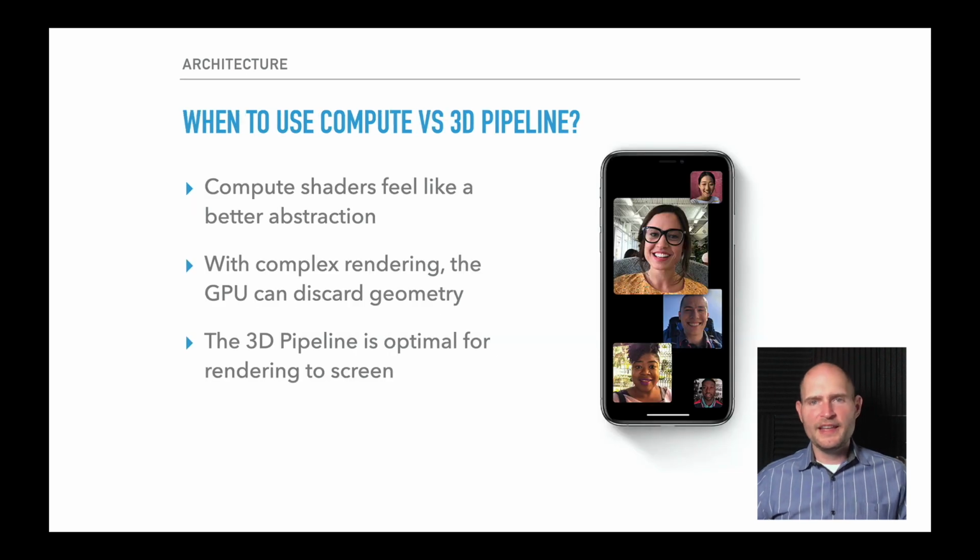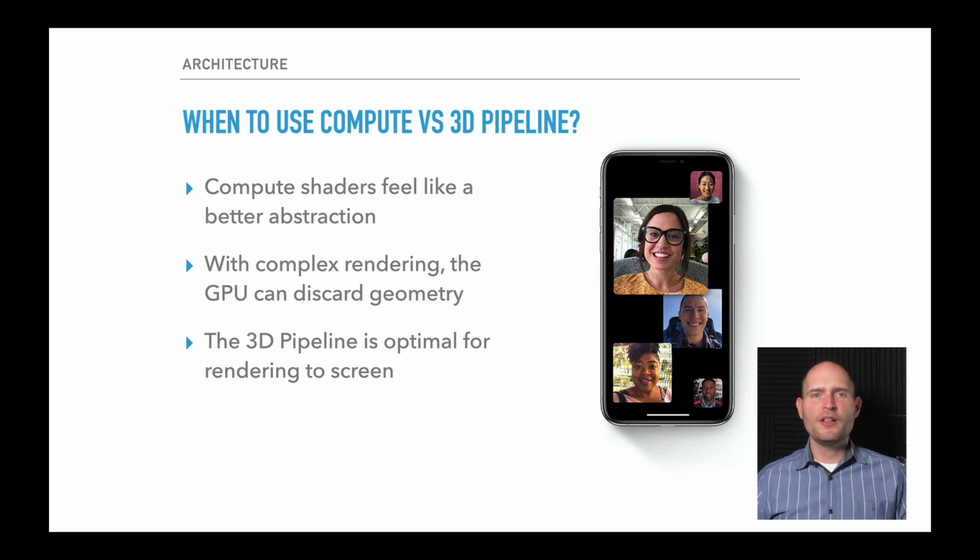So the question then is, when would you want to use the compute pipeline and when would you want to use the 3D pipeline? Well, compute shaders feel like a better abstraction, right? There's no point in having a pointless no-op vertex stage when you aren't really going to be messing around with vertices, right? So it's easier to reason about. But for complex rendering, like if you were to render something like the group FaceTime video, the GPU can make certain optimizations.